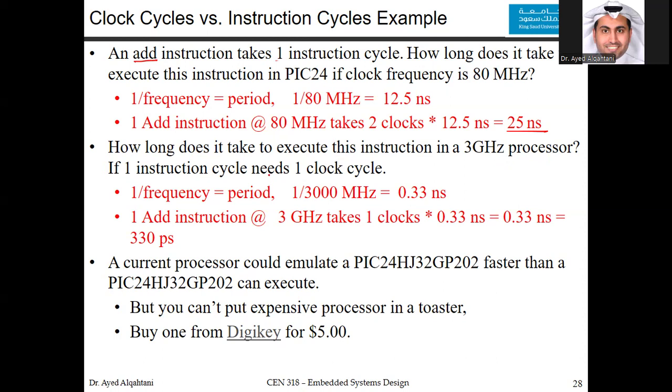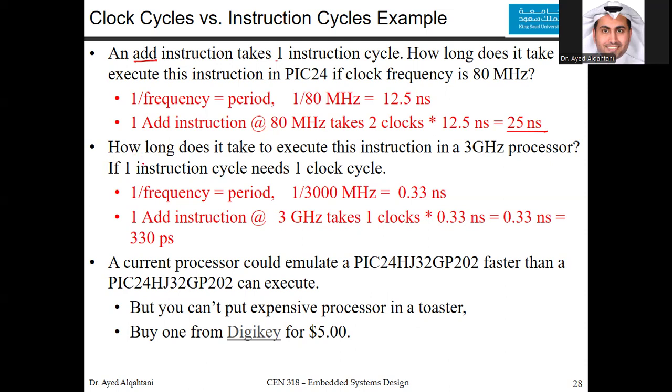If 1 instruction cycle needs 1 clock cycle, as we explained here, the period is 1 over 3000 megahertz, which is a third of a nanosecond. 1 add instruction at 3 gigahertz takes 1 clock cycle now, which is basically 0.33 nanoseconds.